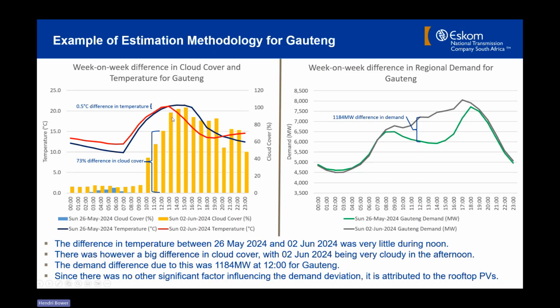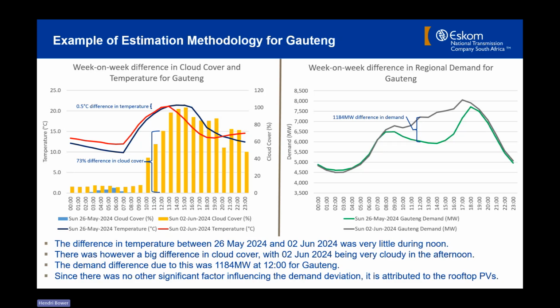But at least during the noon period, week on week, the difference in temperatures between the 2 weeks, and this was for a Sunday on Sunday, was only half a degree, which is very, very small. In other words, at noon on Sunday the 2nd versus noon on Sunday the 26th, the temperature was at similar levels.